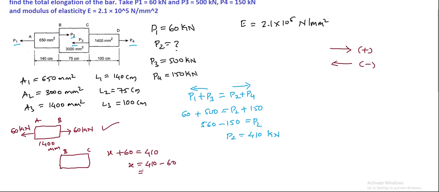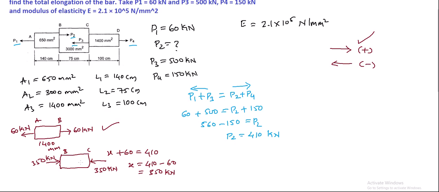So it will be 350 kilonewton. This 350 is positive now, so the positive is acting towards my right. On this face I am going to take this 350 kilonewton, and opposite to that 350, because the element should be in equilibrium.